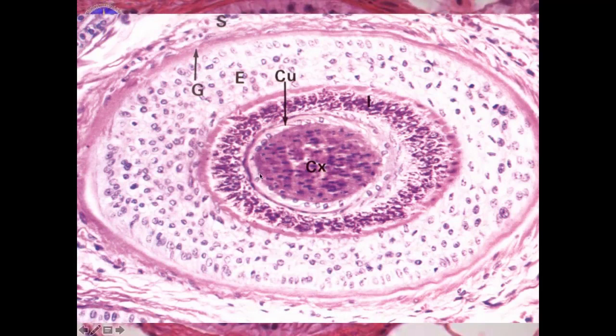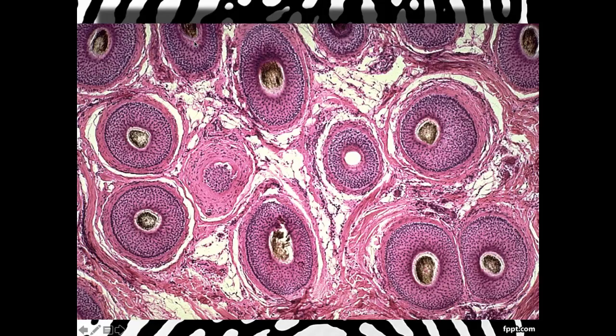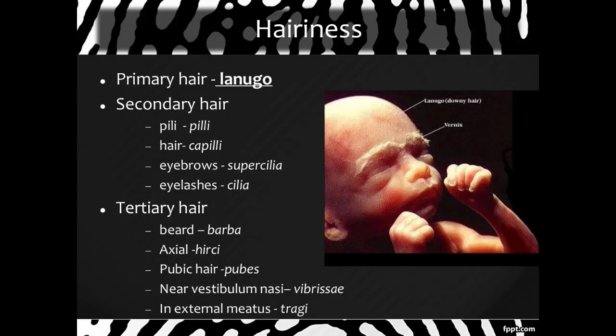Again, you can see the cortex. There is no medulla. Cuticle, internal root sheath, external root sheath. This is the glassy membrane, separating the hair follicle, external root sheath, and the connective tissue sheath, like that. Those are hair follicles on the transverse section.